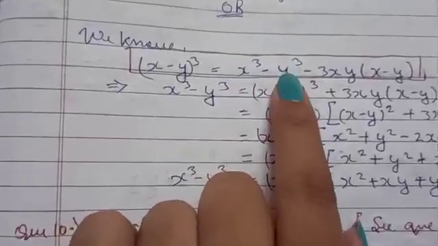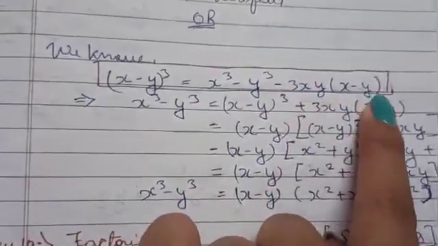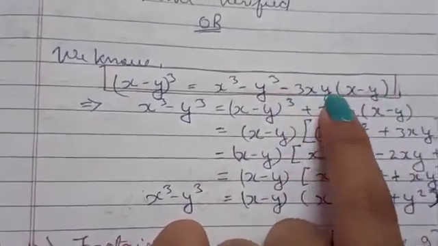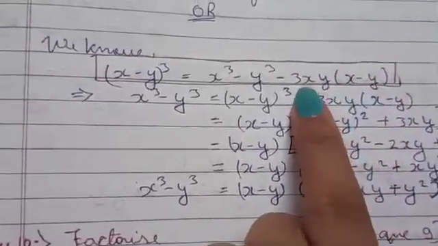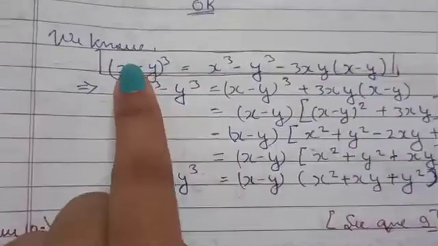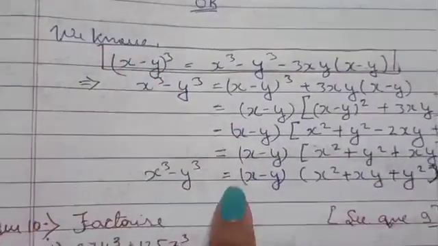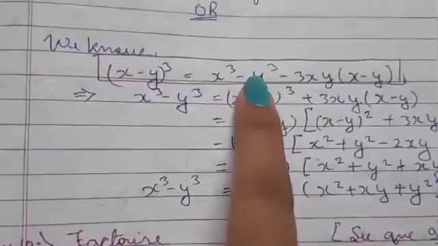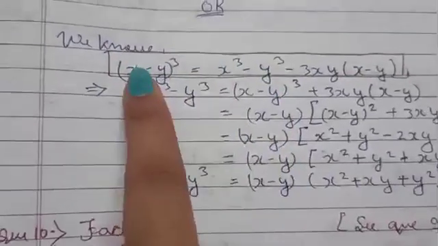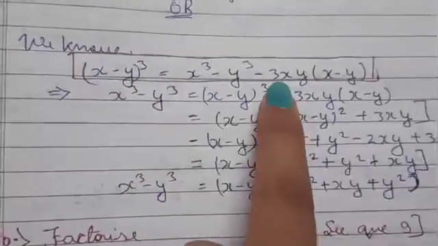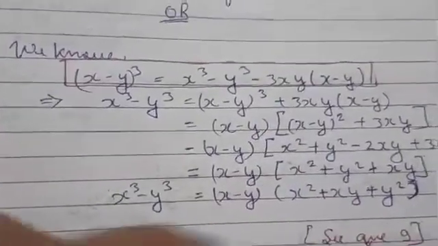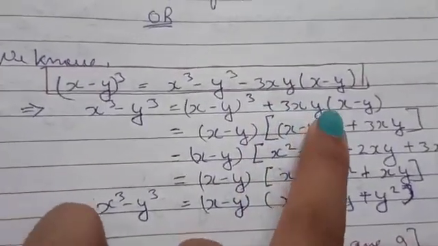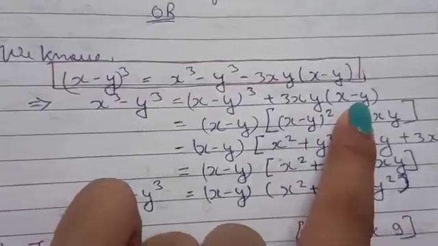The first term is this, second term is this, and third term is minus 3xy multiplied by x minus y in bracket. If we transpose this whole term to the LHS, what will we have? x cube minus y cube is equals to x minus y whole cube, and this is negative here, so it will become positive: plus 3xy multiplied by x minus y.